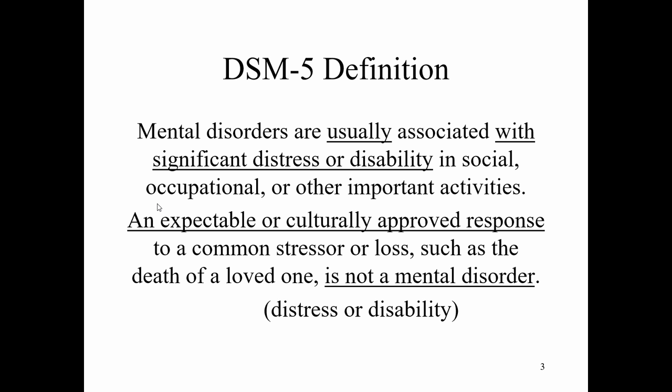Do students have an occupation? Yes, their occupation is, at least one of them, student, right? And so students, this may affect them in the sense that they're unable to do their schoolwork effectively as a result of the disorder. Or other important activities, such as what? Taking care of one's family or taking care of oneself. The person may be unable to fully do these things as they ordinarily would.